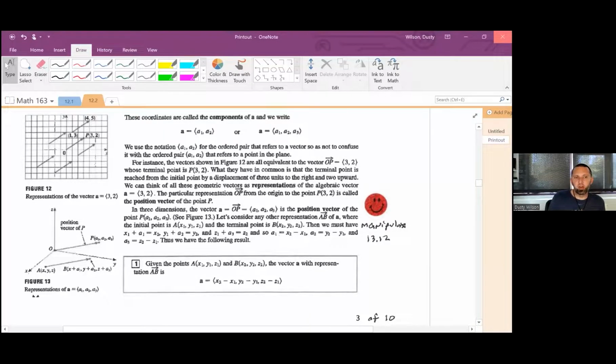We use this angle-bracket notation for the ordered pair that refers to a vector, so as not to confuse it with the ordered pair (a1, a2). Again, notice that we're using angle brackets versus parentheses. Angle brackets tell you that you've got a vector. Parentheses tell you you've got a point.